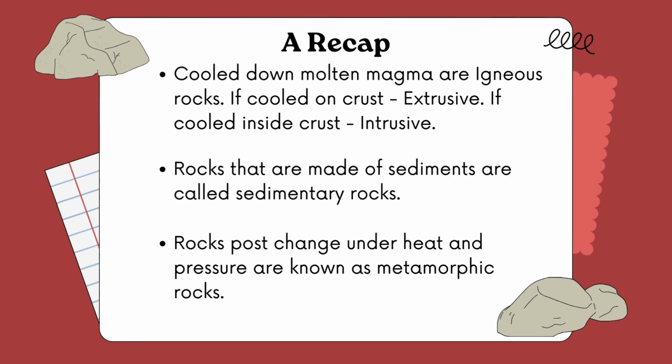Igneous rocks are further divided into extrusive igneous rocks and intrusive igneous rocks. Molten magma that has cooled down and solidified over a period of time is known as igneous rocks. Molten lava that has cooled down is known as extrusive igneous rocks, and molten magma that has cooled down inside the earth's surface is known as intrusive igneous rocks.